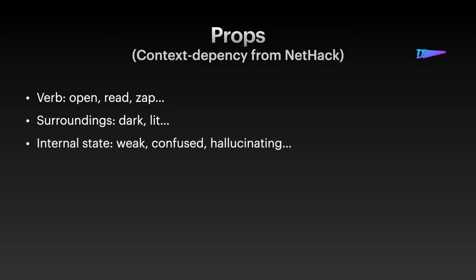The player's internal state provides the next context. Items can appear different when the player is weak, confused, or hallucinating. Another context related to the player is their powers of observation, which could be altered, for example, by blindness or having an infrared vision.